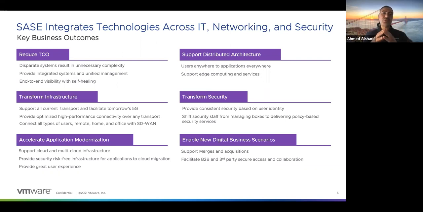That's what makes it super hard when two companies, one acquired another company, to merge those companies together and have everybody accessing the same applications. So SASE will make that business scenario super easy because you are identifying the users and then assigning the applications that user can access. And I'm going to show you this in the architecture slide to understand what I'm talking about.